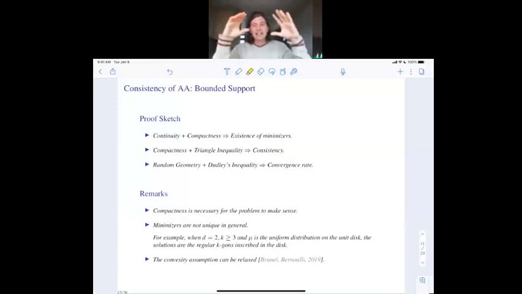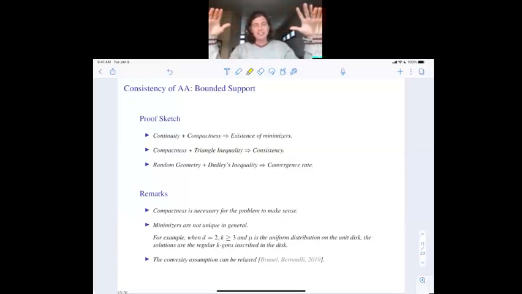And so my constraint set on the polytope is growing, my polytope will continue to grow, and it's not going to converge to anything. So I need this bounded support on the distribution for this problem to make sense and to get a consistency result.